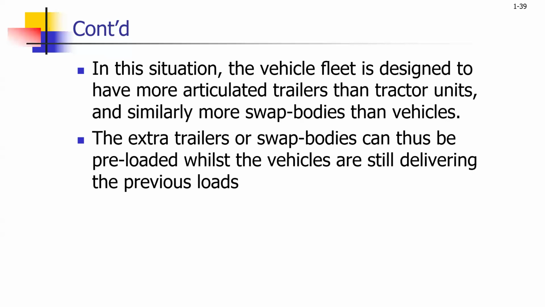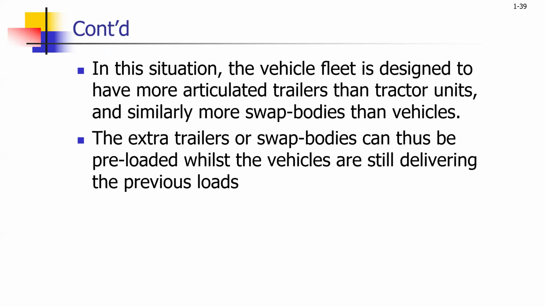So in a situation like this, the vehicle fleet is designed to have more articulated trailers than tractor units. So we have the tractor unit, which is the head. Then we can have about 10 tractor units, but we can have, let's say, 15 or 20 articulated trailers. The articulated trailer is the back, where the goods are carried.